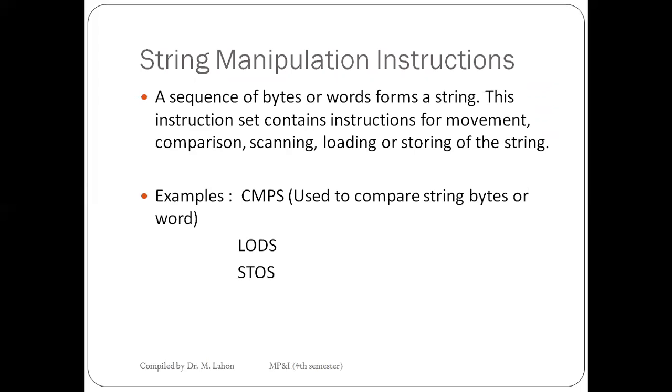CMPS is an example to compare the string bytes or words, LODS is for loading strings. So these are some string manipulation instructions. There are more to this set of instructions. I have mentioned only a few. The remaining is your job, to see the other instructions in these groups.